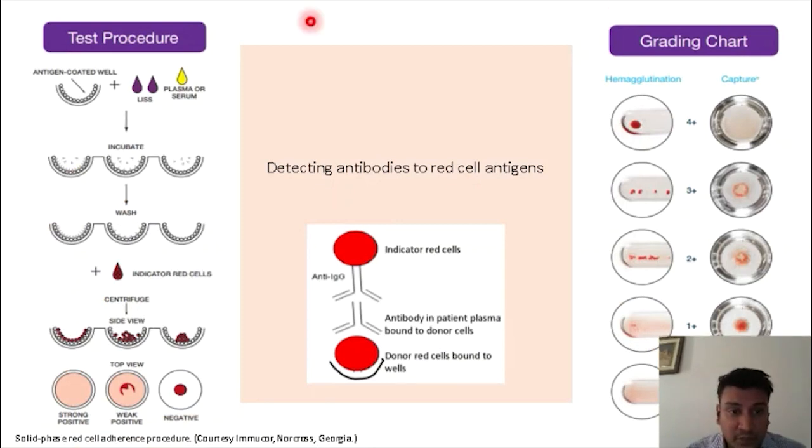So the test principle and procedure: suppose we want to do reverse grouping, the well is coated with antigen like A cells, B cells or O cells, and then we add the individual's plasma or serum along with LISS. We allow incubation so that the antibodies in the patient's plasma can bind to the antigen coated wells, and then we do a washing step and add the indicator red cells.